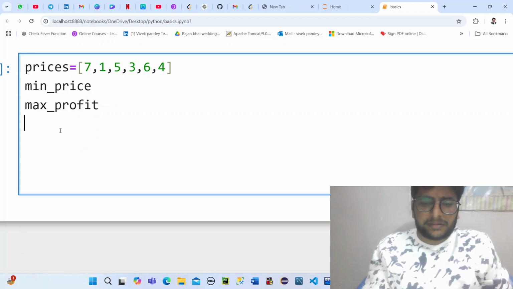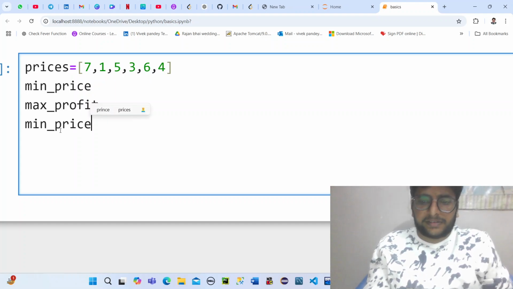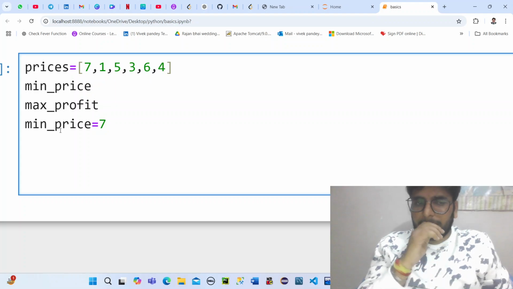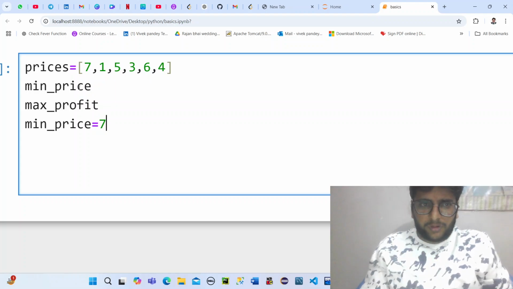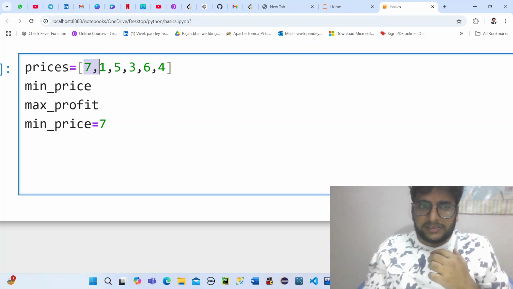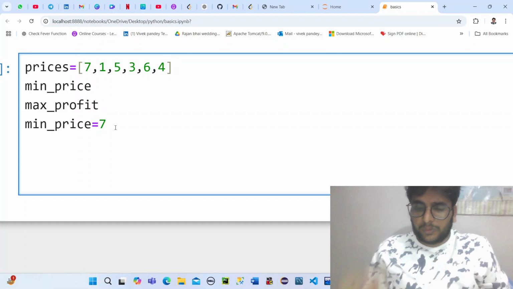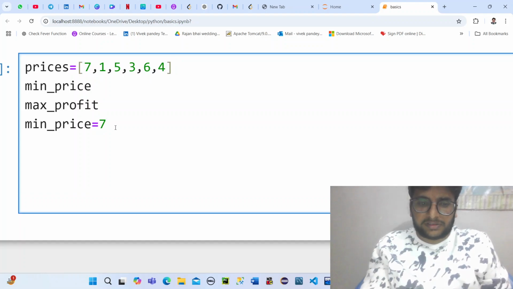I'm taking 7 as my minimum. I'm assuming minimum price is 7. Fine. Now I have got my minimum price. Now I need to check with this. I need to keep on checking with itself.